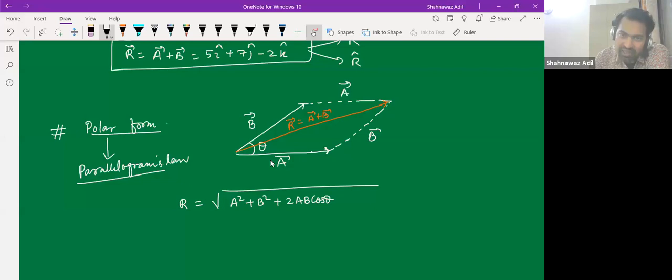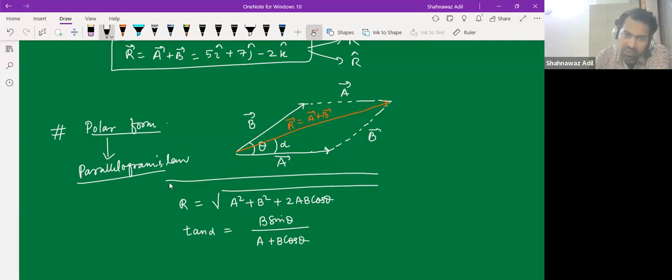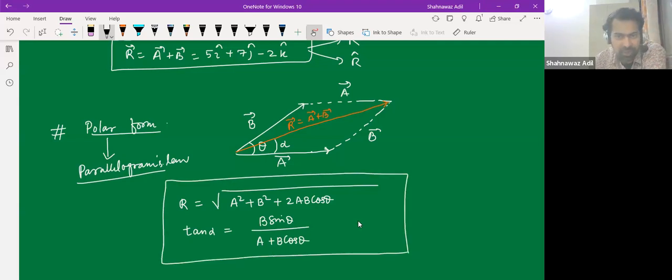And for the direction, let's say this angle is alpha. So tan alpha is B sine theta divided by A plus B cos theta. So this is using the parallelogram law.